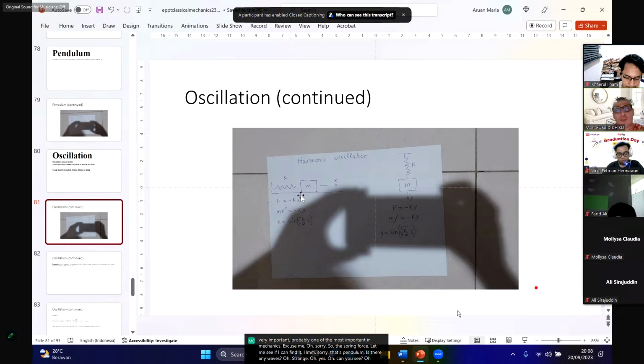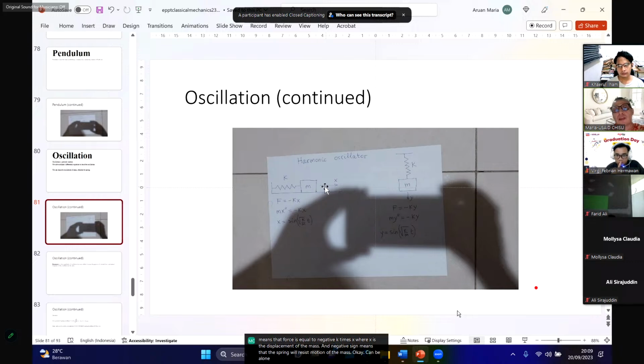Now, slide 81 shows you the spring and the mass attached to the spring, right? The spring has the property of K, and the K means that force is equal to negative K times X, where X is the displacement of the mass. And the negative sign means that the spring will resist motion of the mass. Okay?